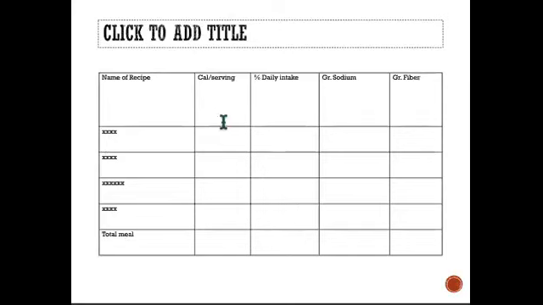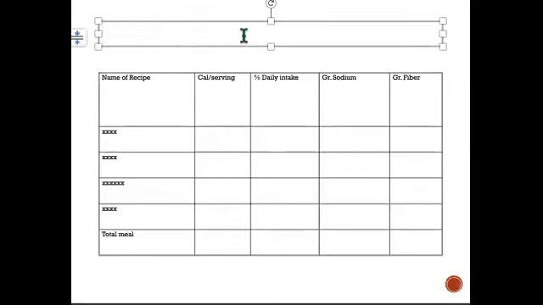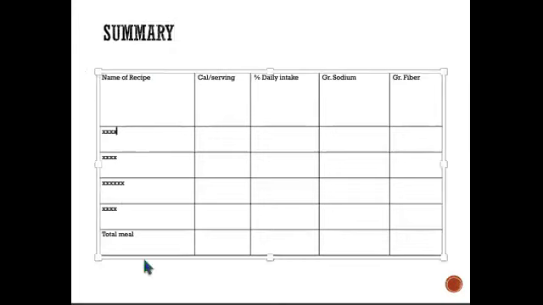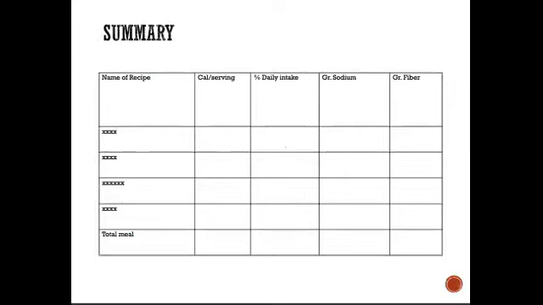So at the very end, also you need to give me a complete summary of the recipes, right, as a table where you will have the name of the recipes in one column, the calories per serving, percent of daily intake for each recipe, how much sodium, how much fiber, and also create more columns as you need them.